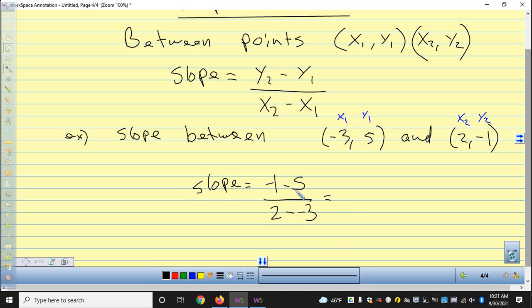Well, -1 minus 5 is -6. 2 minus -3: minus a negative makes it positive, so 2 plus 3 is 5. So our slope would be -6/5. So we're going downhill from the point (-3, 5) to (2, -1).